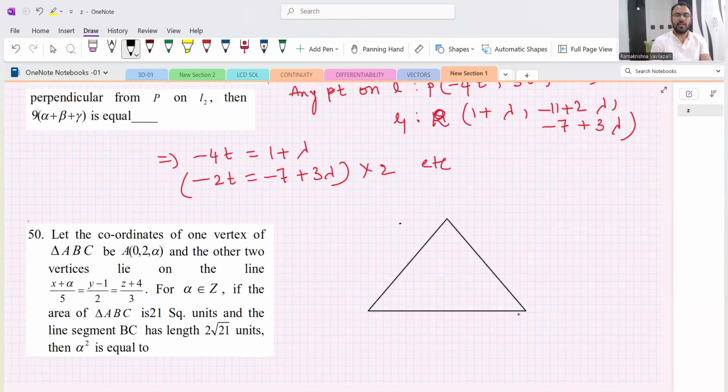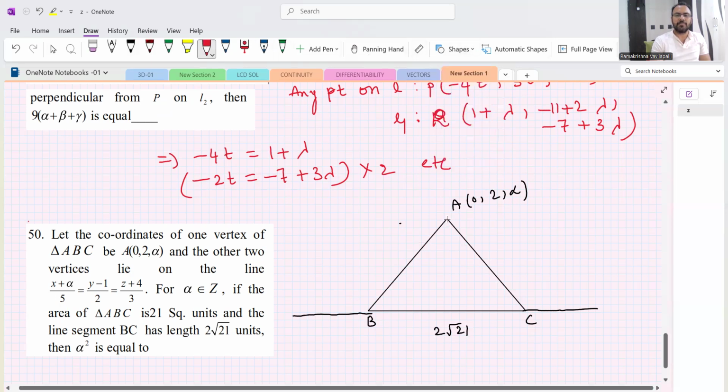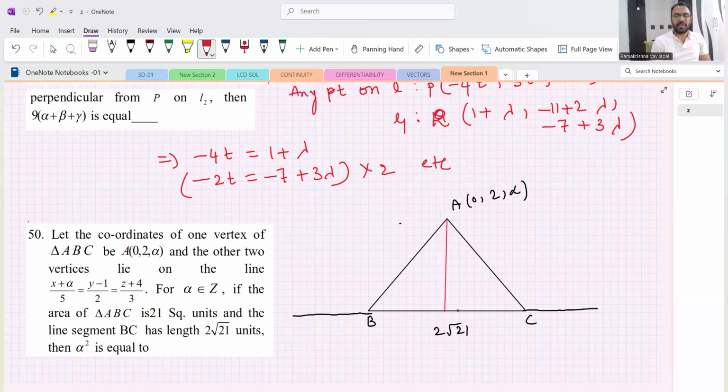This is the line, A is (0, 2, alpha), and these are the B and C points. So BC length is given as 2 root 21. Now we need to find the height of this triangle.